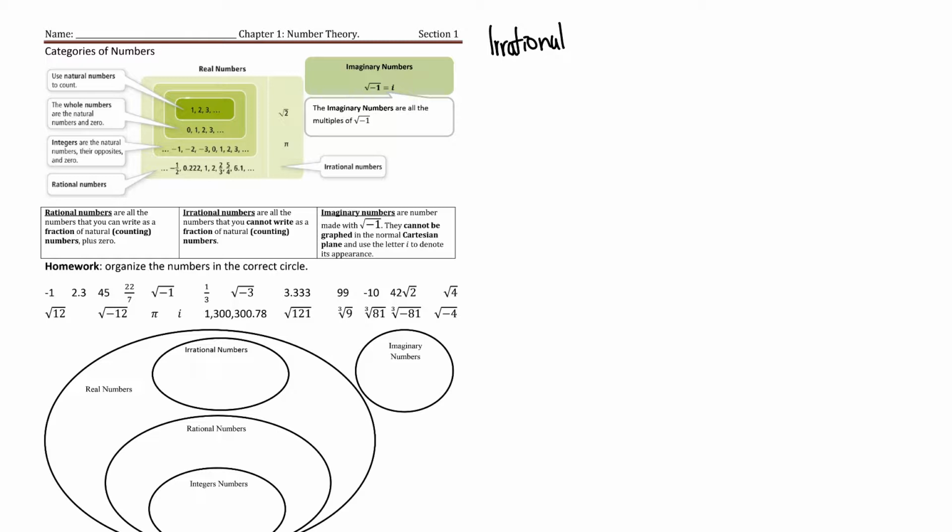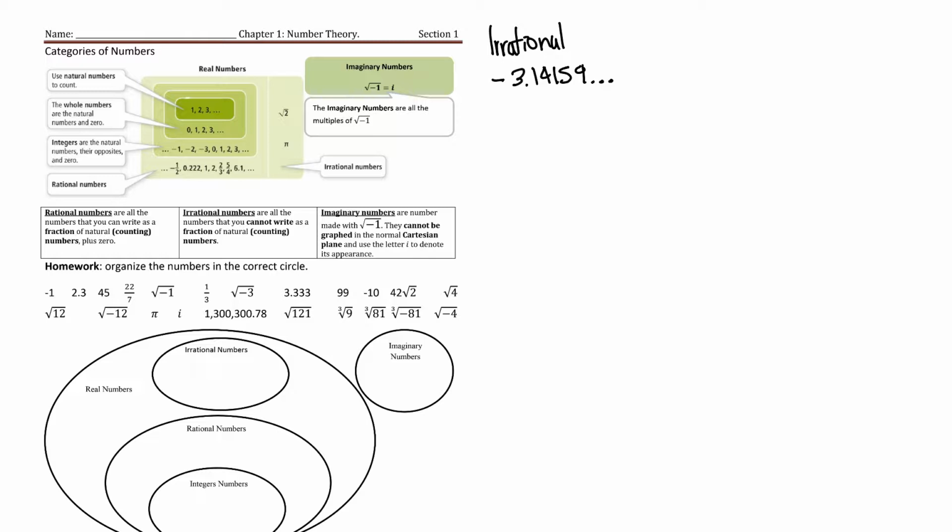They have the distinct property that they use infinite decimals. So, for example, 3.14519, etc., etc., etc. Those numbers will go on forever without repeating.